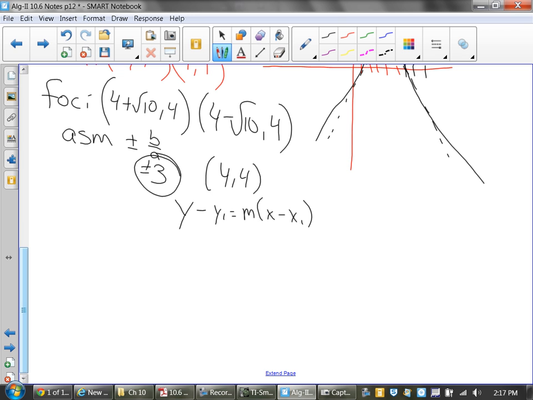You guys ever see it? I wrote it like this before. y minus k equals slope times x minus h. Did you know point slope form was the first thing about h's and k's?